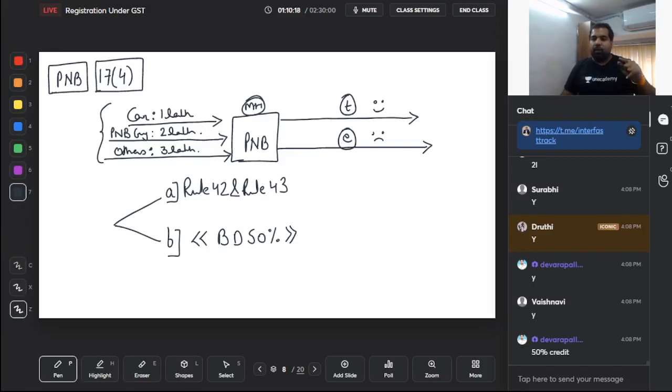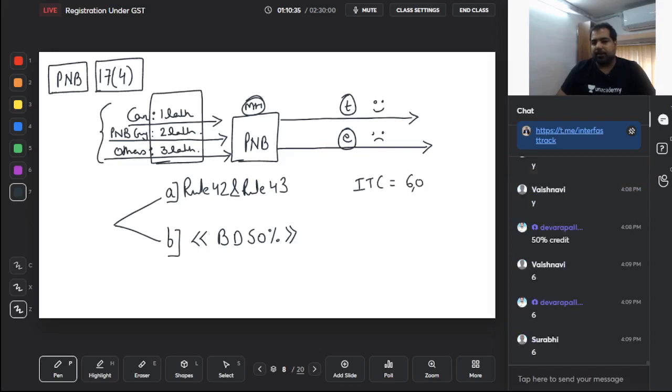Guys, let's look at what is this BD 50%. First, they say take the entire ITC of the month. Guys, what is the entire ITC? Whether it's blocked, not blocked, tell me the entire ITC. The entire ITC for the month is 6 lakhs. Now BD 50%. First, remove whatever is blocked.